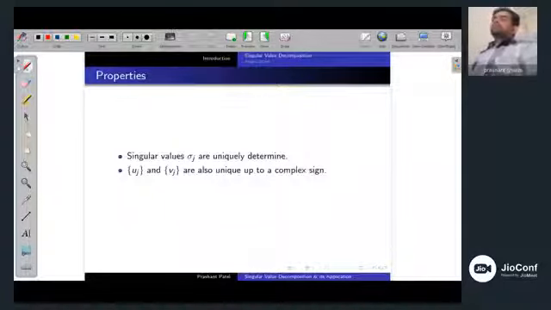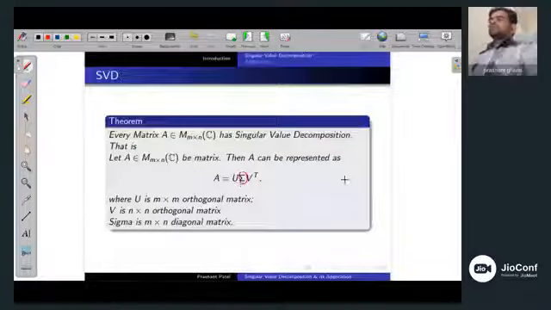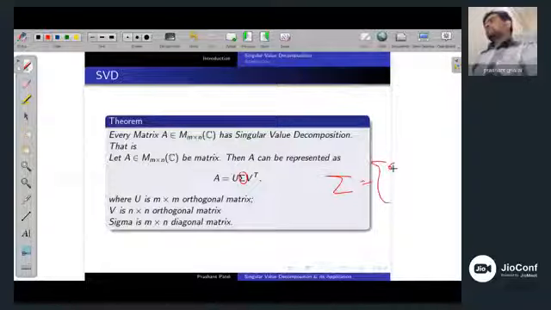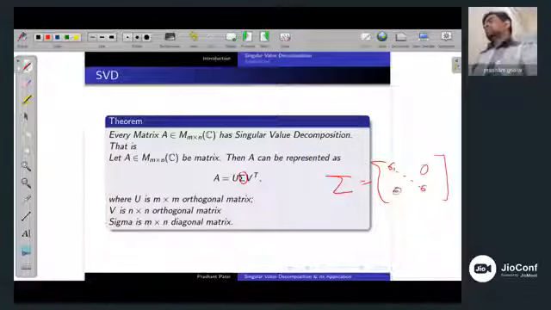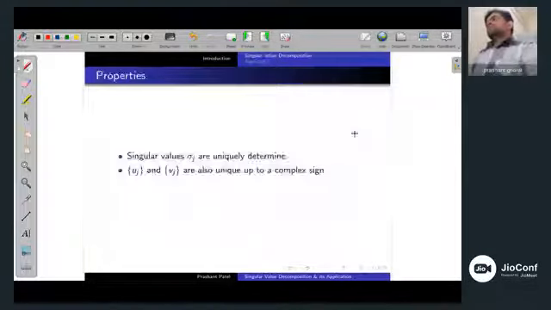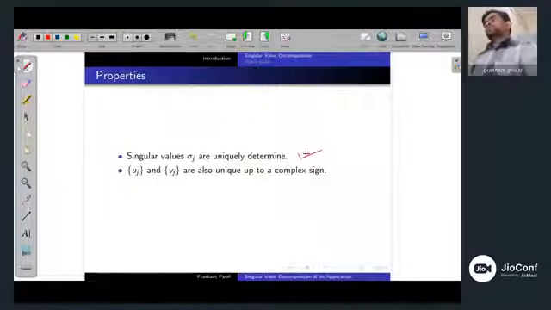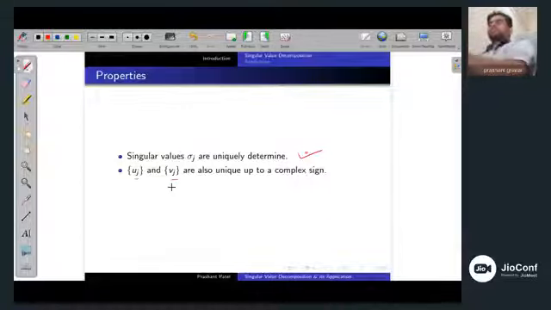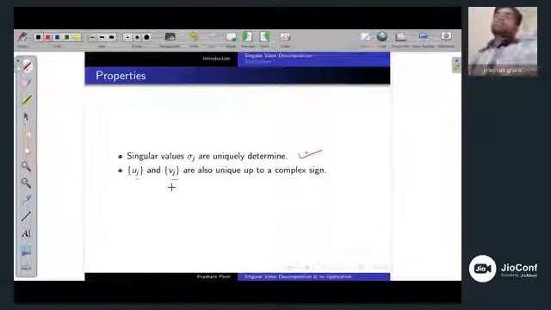Sigma is a diagonal matrix, so you have certain values here, and the rest are zeros. These values sigma 1, sigma 2 up to sigma n are uniquely determined. And U_i and V_j, the vectors that transform from one basis to another basis, are also uniquely determined up to the complex sign.